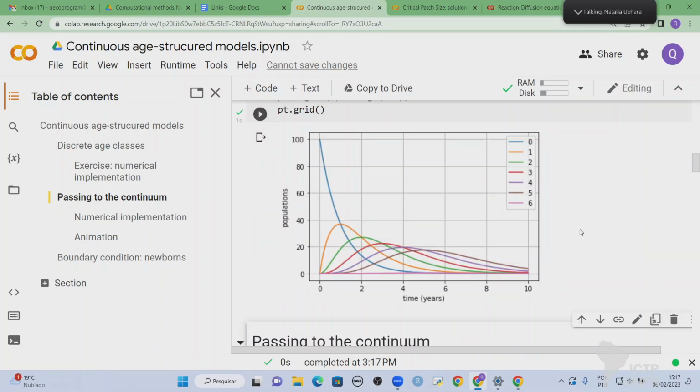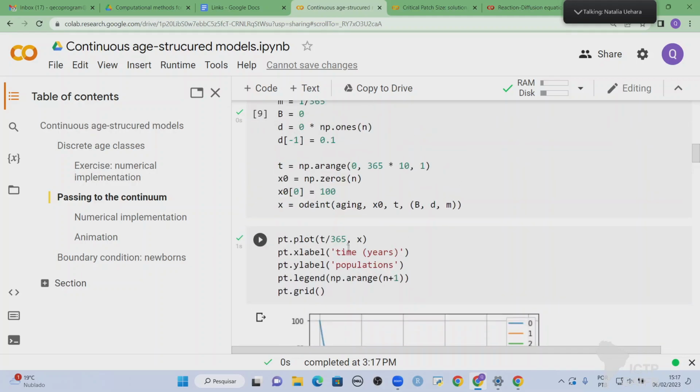So this is what's going on. It starts with 100 individuals for the 0 class, newborns, and all of the others are individuals for the first year, second year, third year, and so on to the 6th year. And you see that the first to increase are, and now I've done something to make our lives easier.